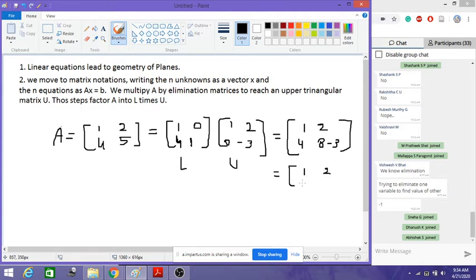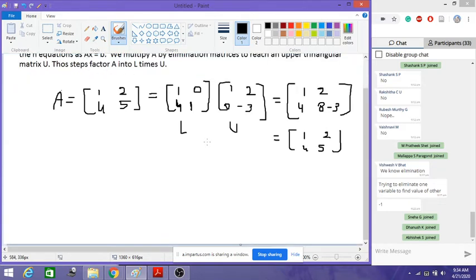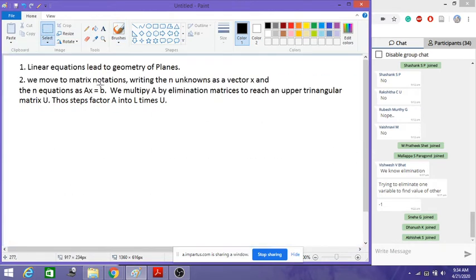So 1, 2, 4, and this is 5. It means we can factorize A as the lower matrix and upper matrix. So that is what we meant here. Alright, so now I'll take this out and go to the next point.